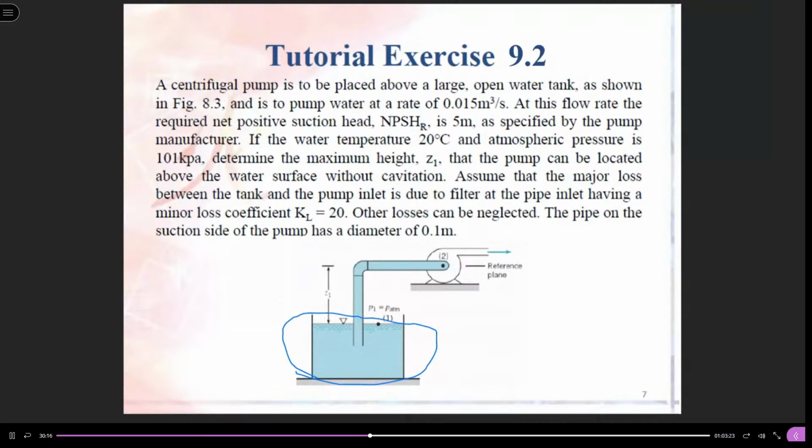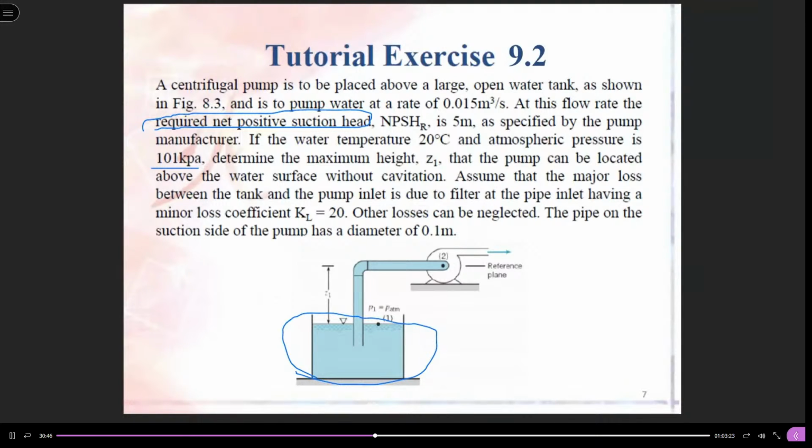At this flow rate, the required net positive suction head is 5 meters, as specified by the pump manufacturer. If the water temperature is 20 degrees and atmospheric pressure is 101 kilopascal, determine the maximum height.